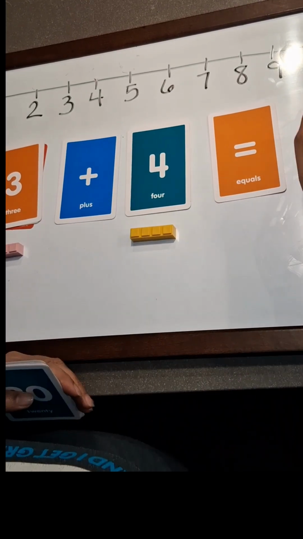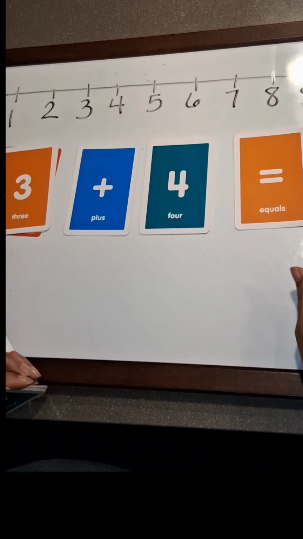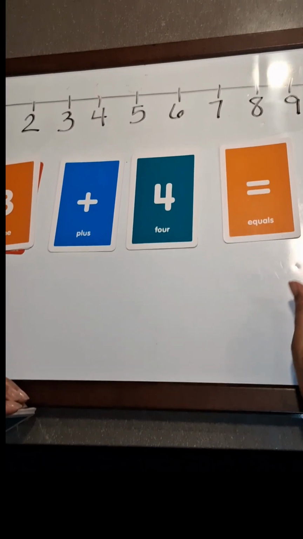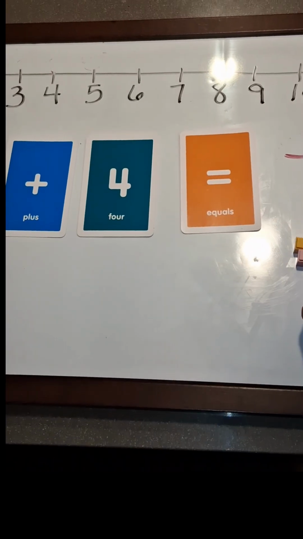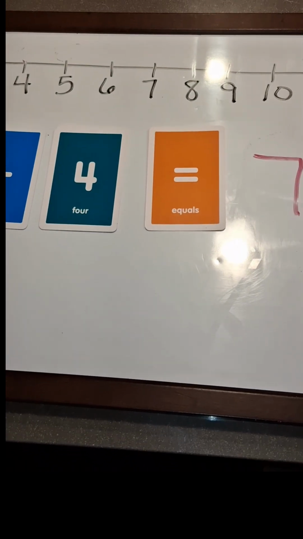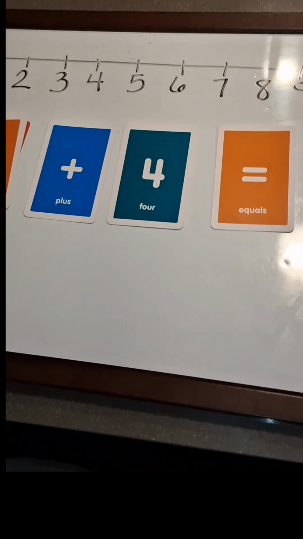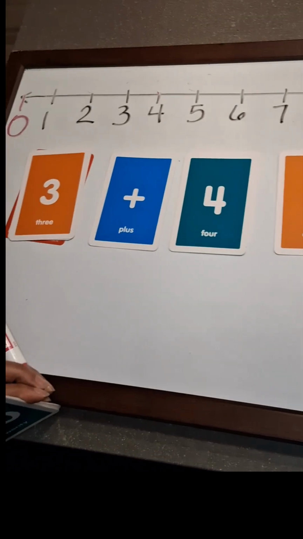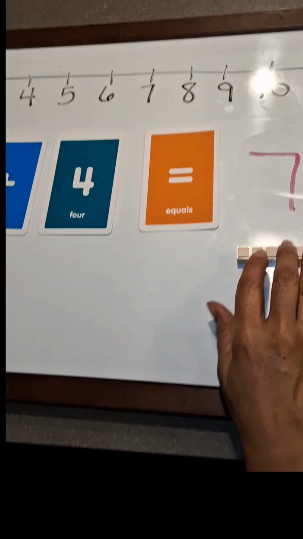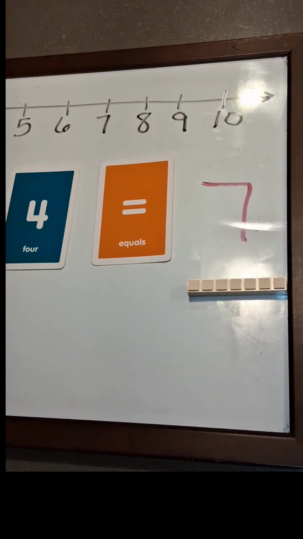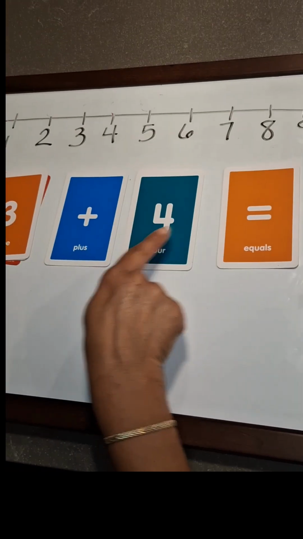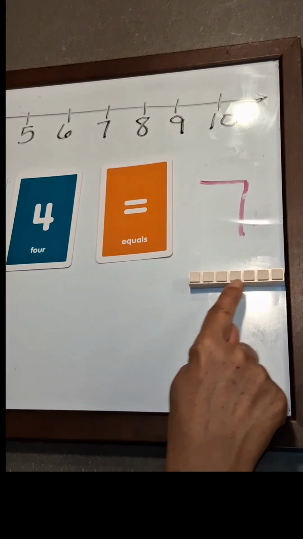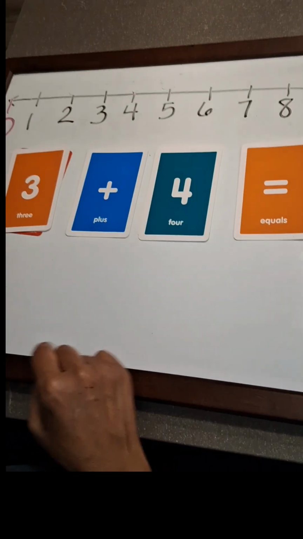And when I put those two together, that 4 and that 3, what can I do with the 4 and the 3? Regroup. I can regroup that 4 and 3. And learning how to regroup is going to really help when we add larger numbers as well. So we got 3 plus 4 is equal to 7. We regrouped it and got the 7 right there.